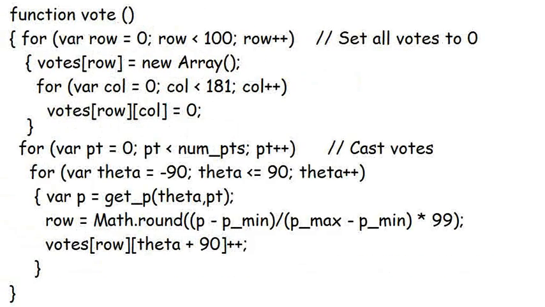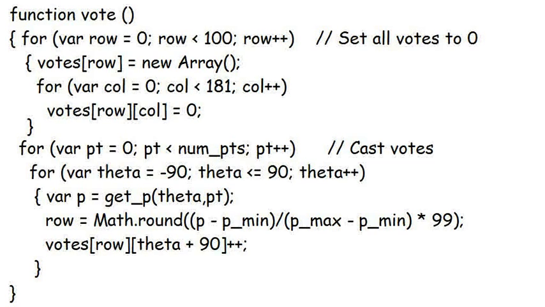Function vote is where the Hough transform is carried out for real. We now have the minimum and maximum values of p, so the votes can be cast for real, safe in the knowledge that they will all fit in the ballot box. Firstly, all the votes are set to 0 in the votes array for every p value and every theta value. Then each edge point is taken in turn.